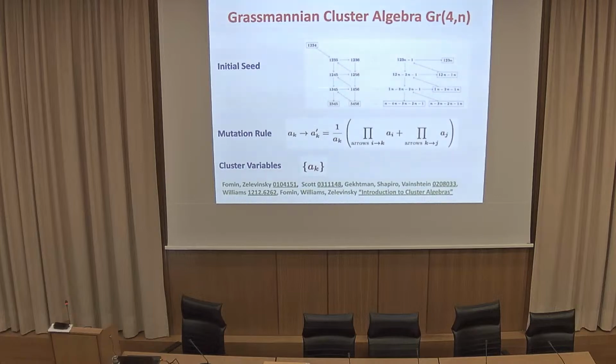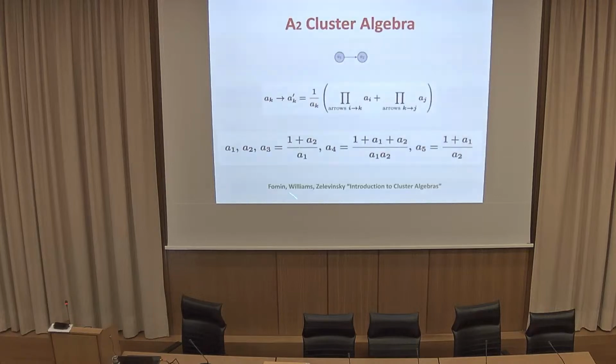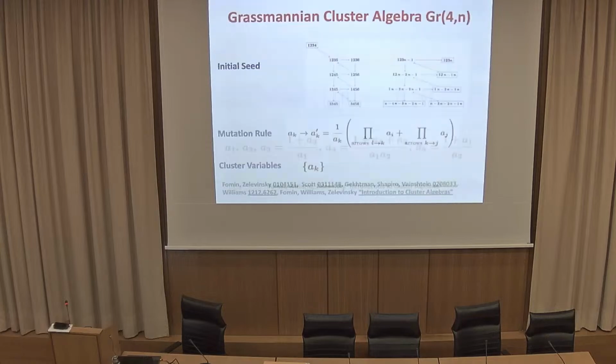What you do then, similar to how you generated these 5 cluster variables, is generate a set of cluster variables from this quiver. So the point is that in math, there is a well-defined process to get these particular variables.